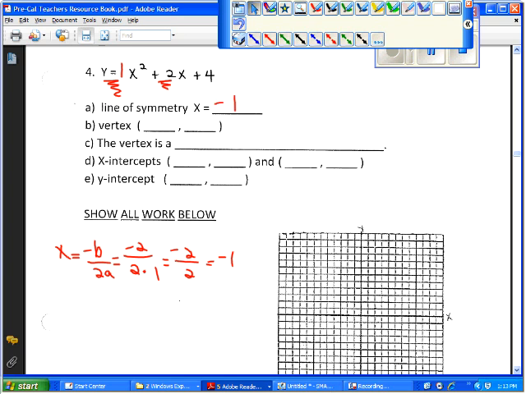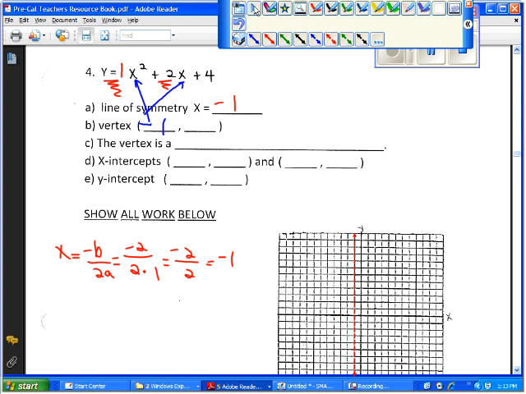So the line of symmetry is x equal negative 1. And I'll draw that vertical line. An equation with x only is a vertical line. The x of the vertex is the same as the line of symmetry x.